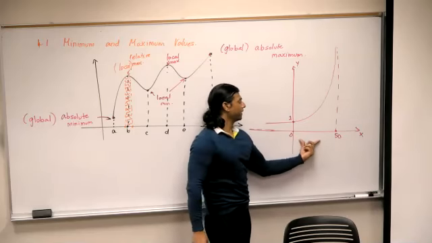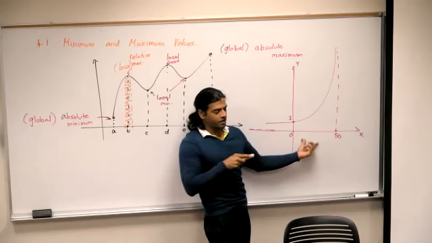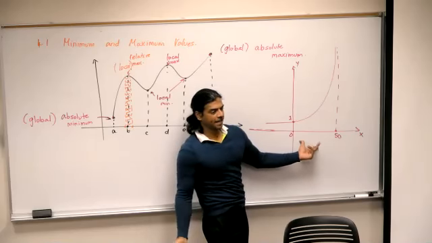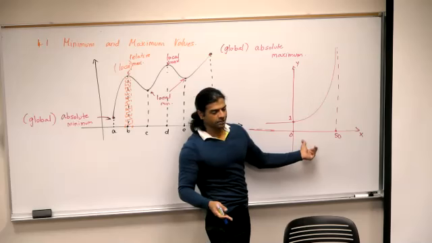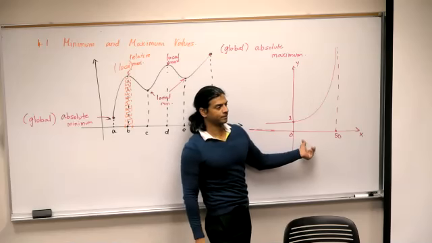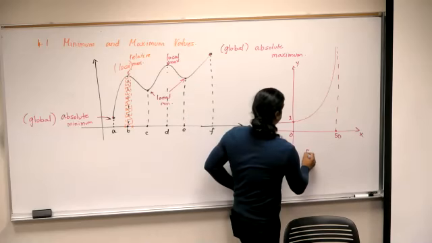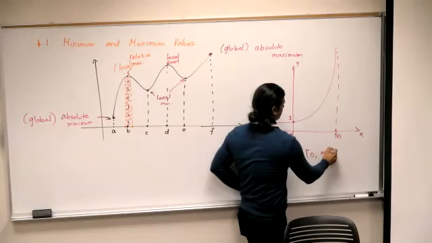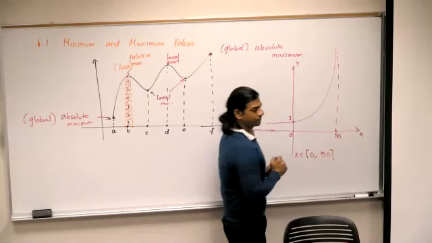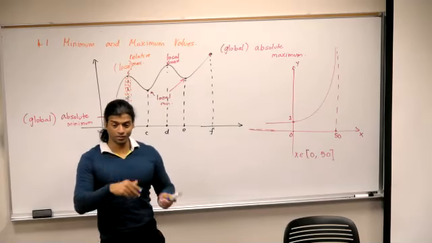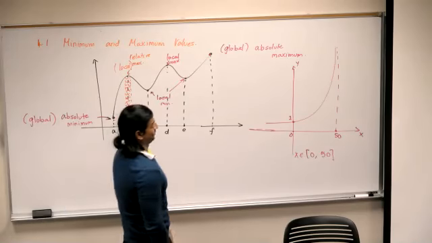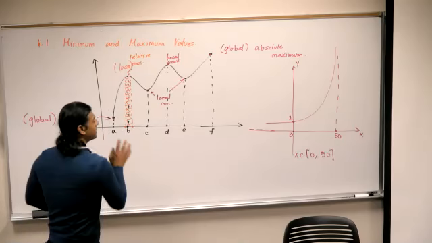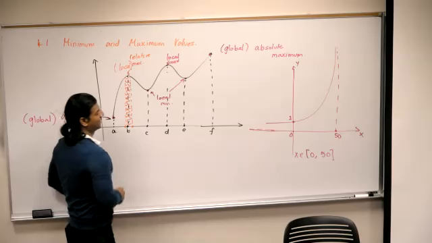But regardless, if I said, let's just look between 0 and 50, does it have a minimum? Is it a local minimum or global minimum? Global, that's the smallest value of all values.